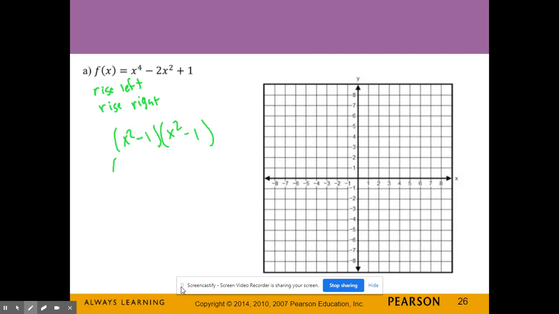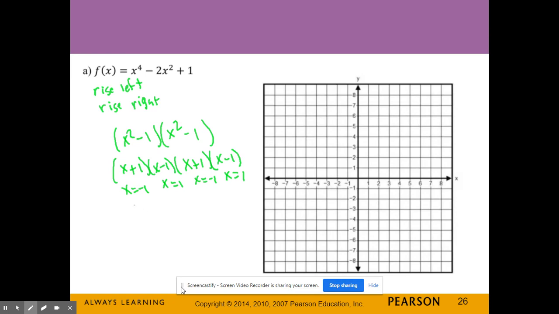So what you're going to end up with is x plus 1 times x minus 1 times x plus 1 times x minus 1. So you get 4 solutions, but it's really just 2 because you get x equals negative 1 there, x equals 1 there, x equals negative 1 there, and x equals positive 1 there.